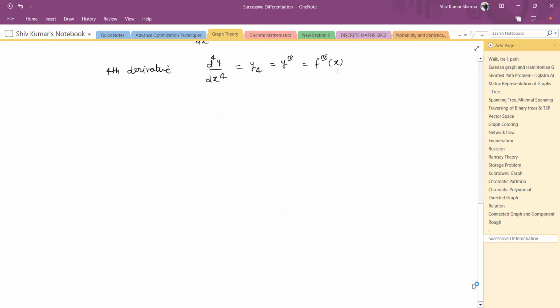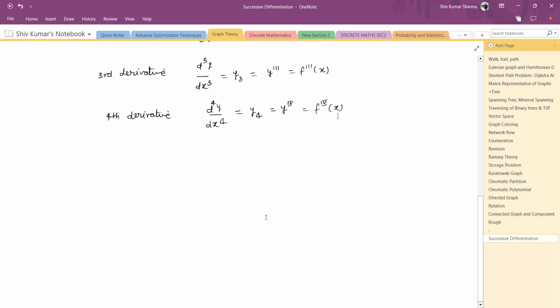For the general case, we write the nth derivative. We write the fifth derivative, the sixth derivative, and so on, so we write the nth derivative. This is our important part. How do we write the nth derivative?